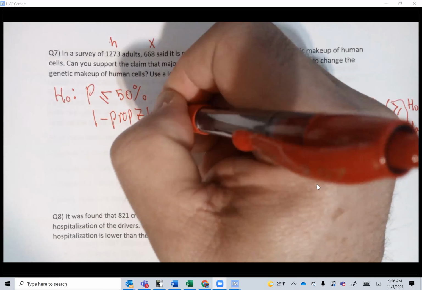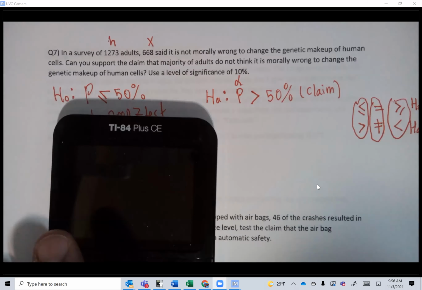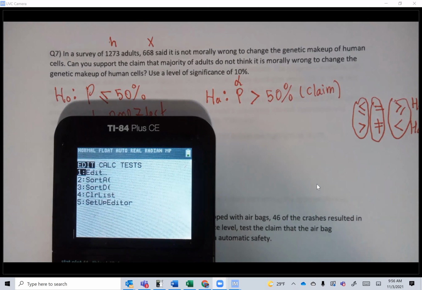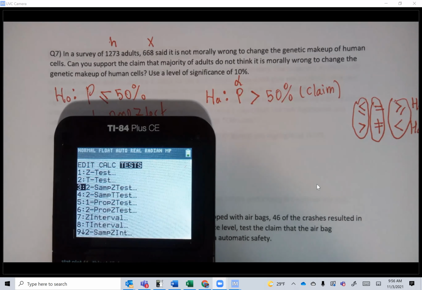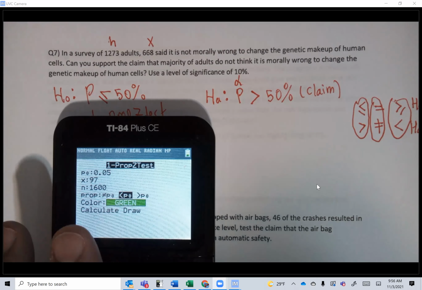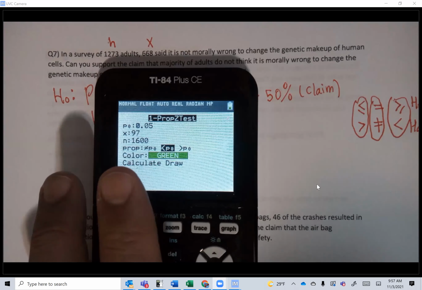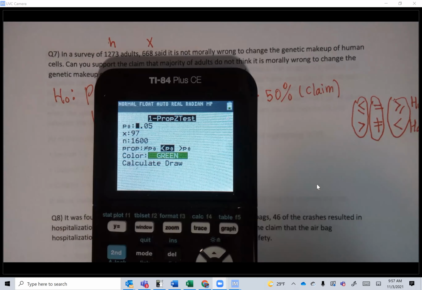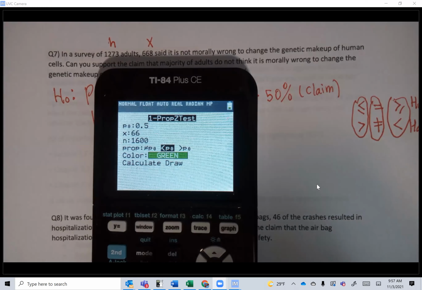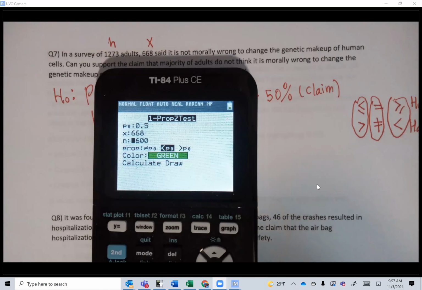Okay, let's do that. Okay, guys, be careful. This is 0.05, so I need to put 0.5. X is 668. N is 1273.